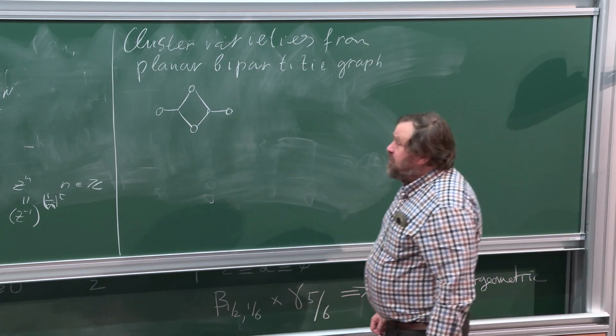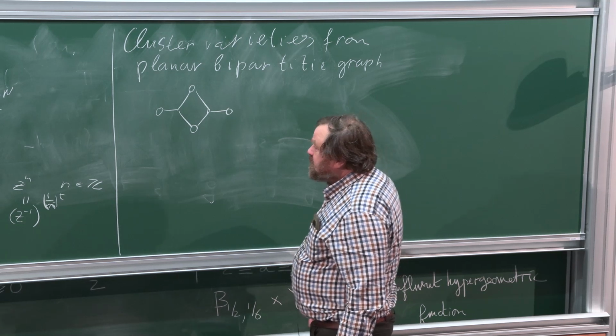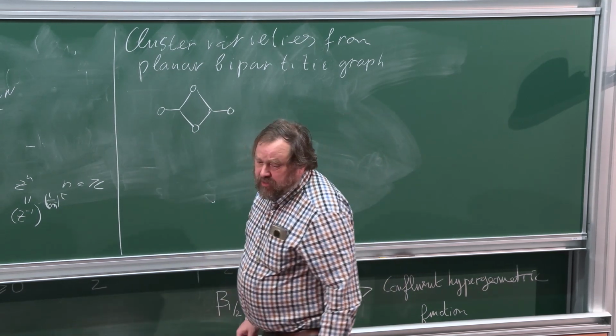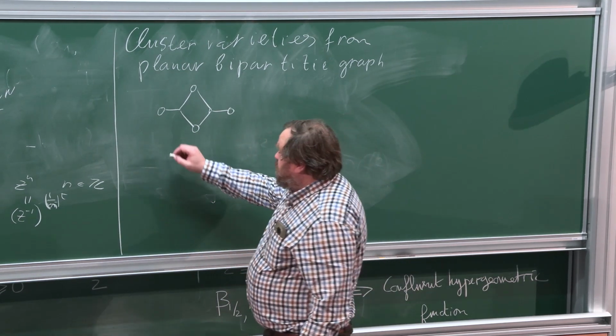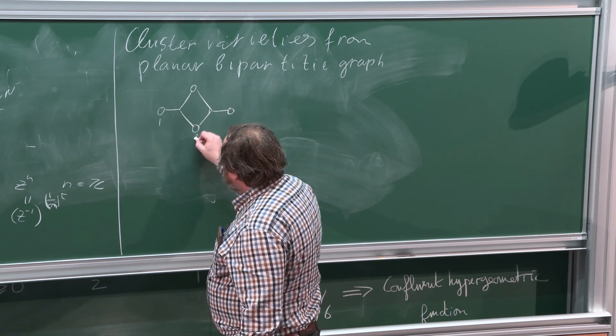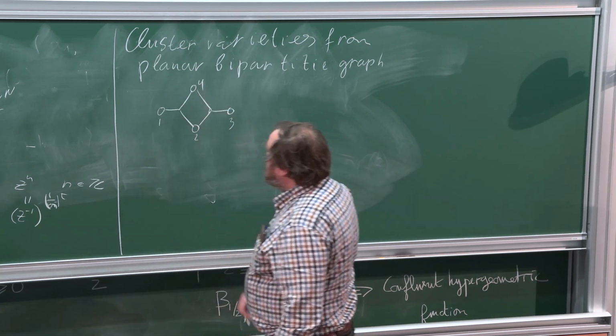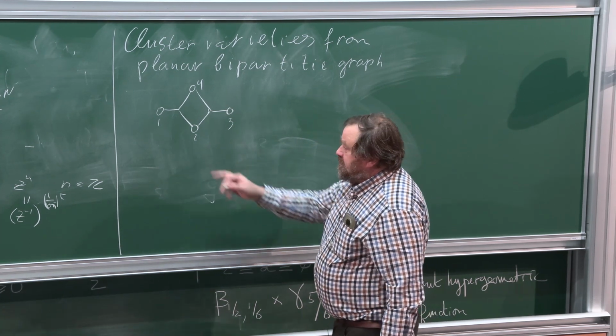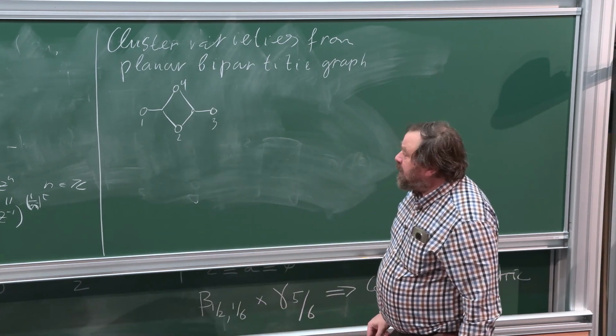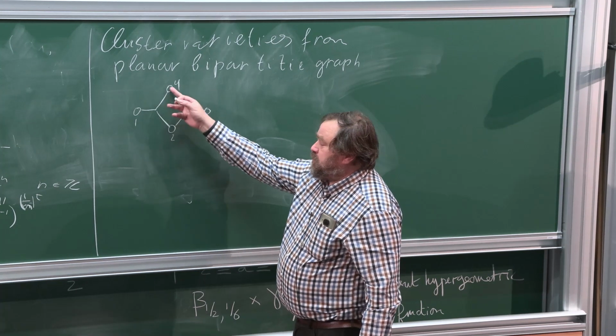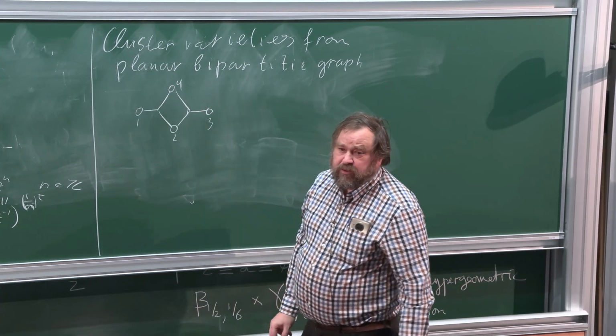This is this graph. I will just explain on this example. Which matroid does it correspond to? There are four points, which I enumerated 1, 2, 3, 4. All white vertices correspond to points, and black vertices correspond to collinear points.